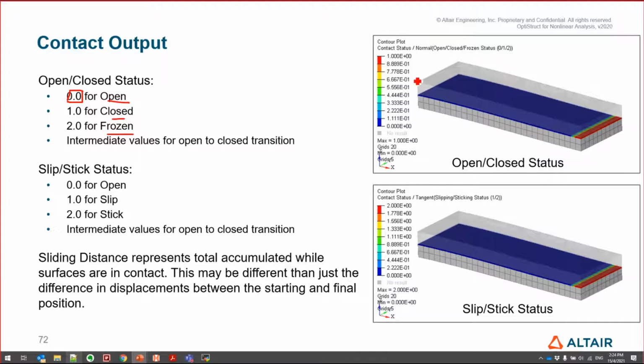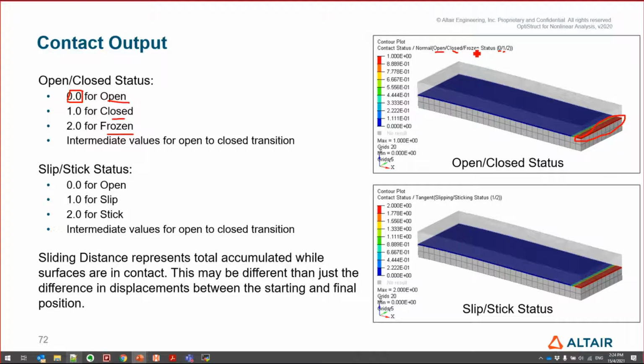So even though you see a continuous value on the legend bar here, you get to know that 0 here means open. If you have the value of 1, which is the red color here, that means this is closed, so contact is established here.